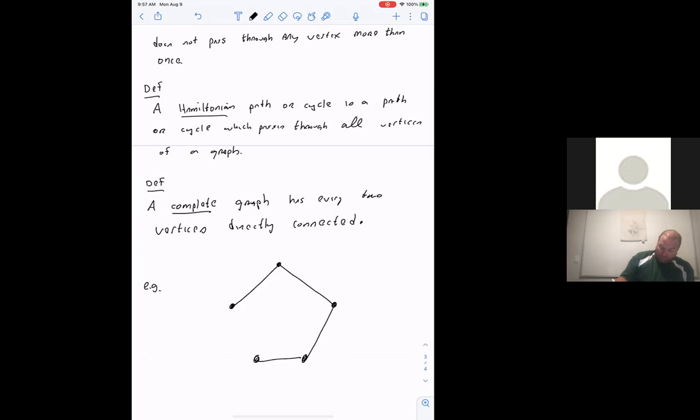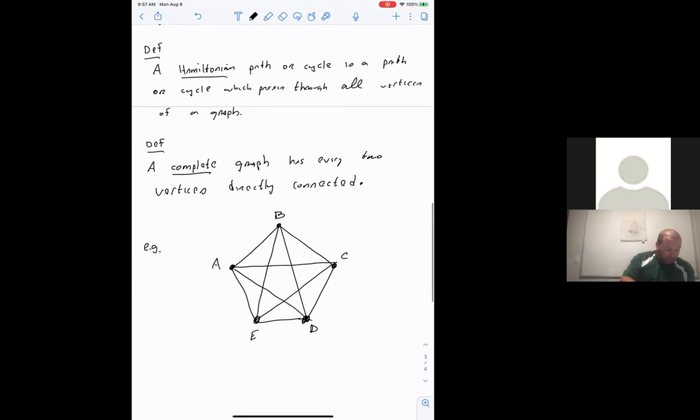If I want to have a complete one, then vertex A has to connect directly to B, C, D, and E. B has to connect to A, C, E, and D. C connects to A, B, E, and D. D connects to A, B, C, and E, and E connects to A, B, C, and D. So this would be a complete graph of 5 vertices. Okay.